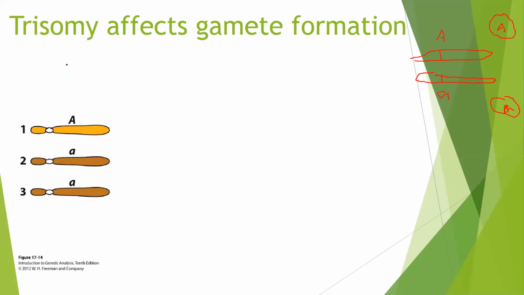However, in the trisomy case, we have three homologous chromosomes, and suppose one chromosome has a dominant allele at this locus, and the other two have the recessive. So if a parent is like this, the trisomy, what kind of gametes can this parent produce?